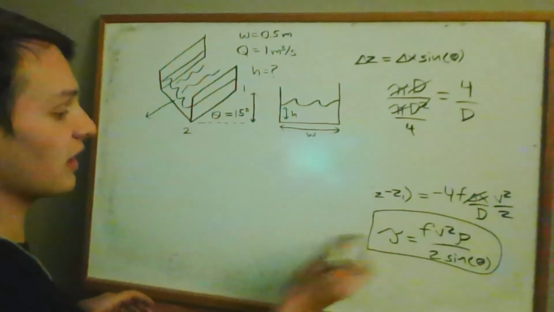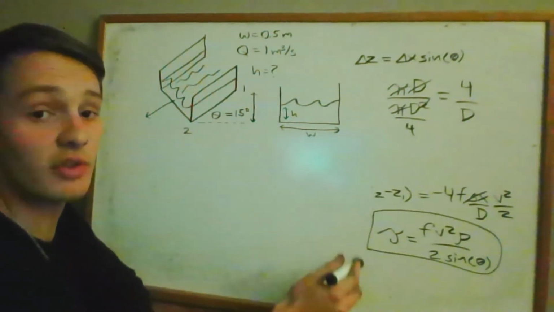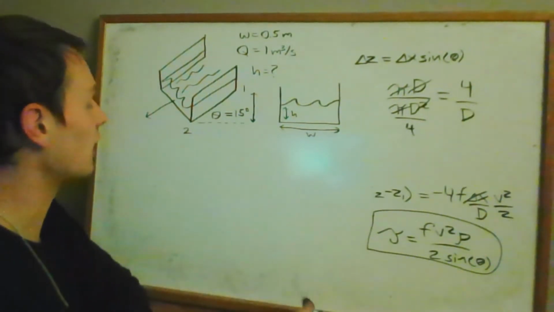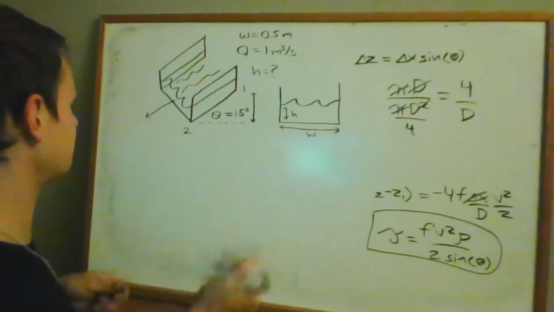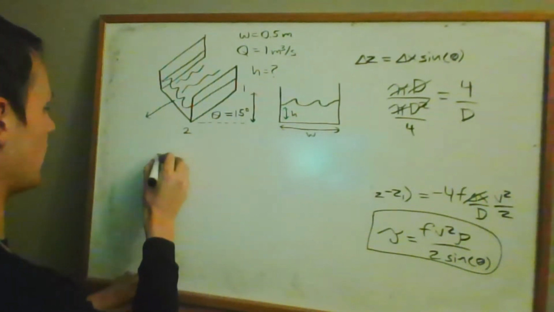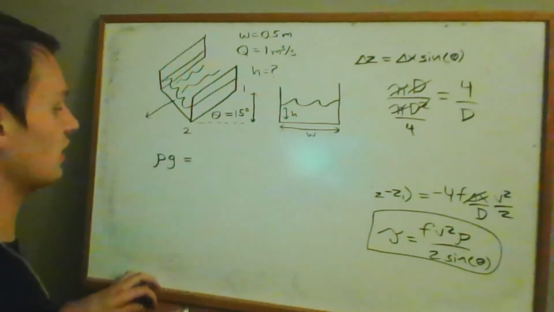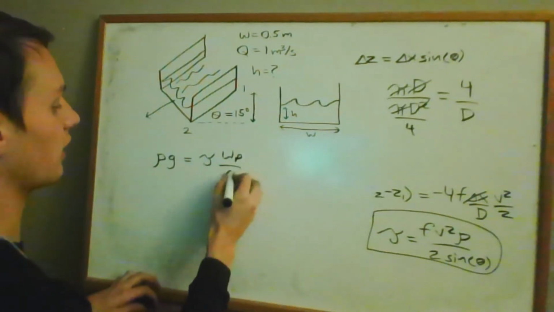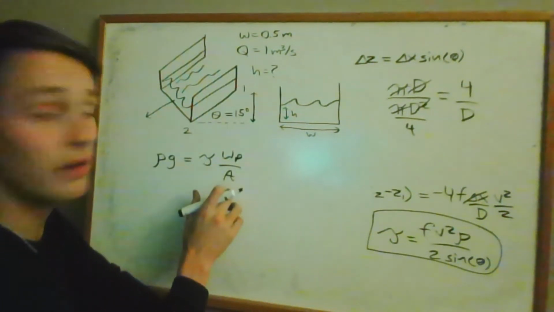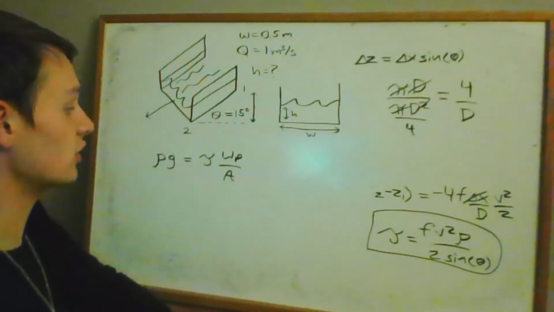So we need this because we are assuming that the shear stress is the same for the same velocity in our rectangular channel. So what did we have? We had rho times g, and then we had tau multiplied by the wetted perimeter over the area. So it's this ratio that we need for the rectangular channel.